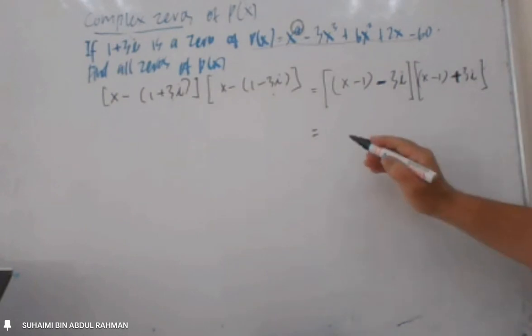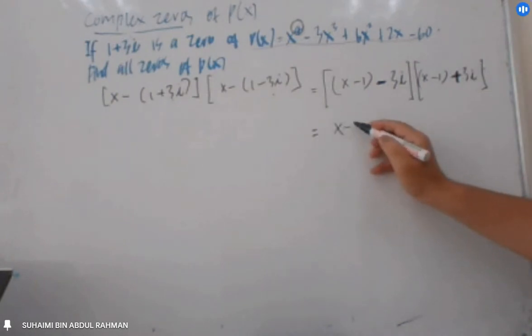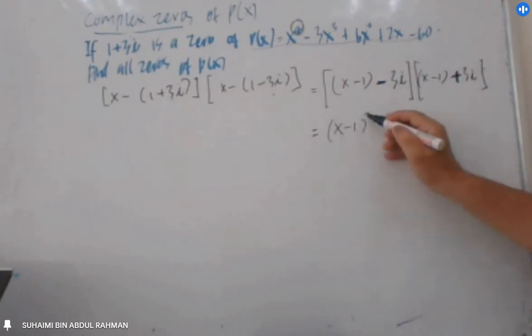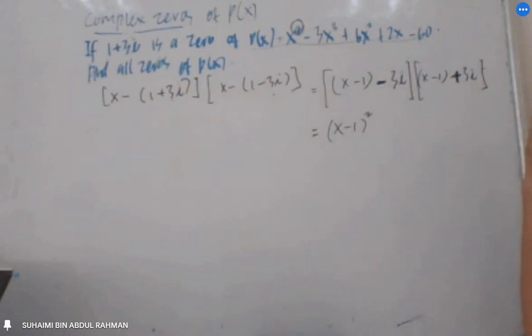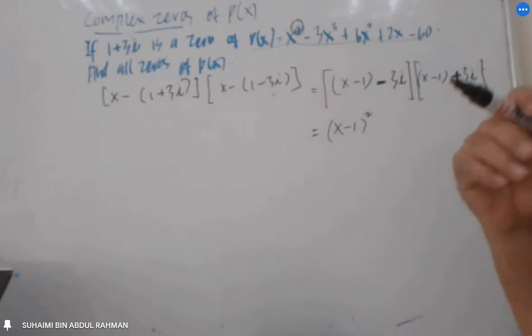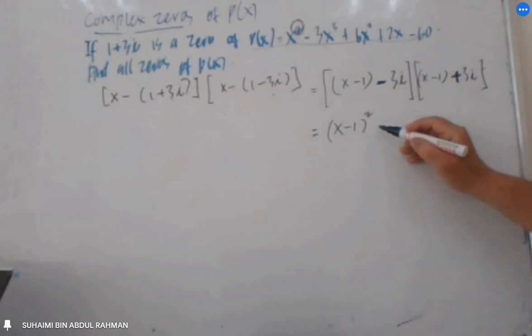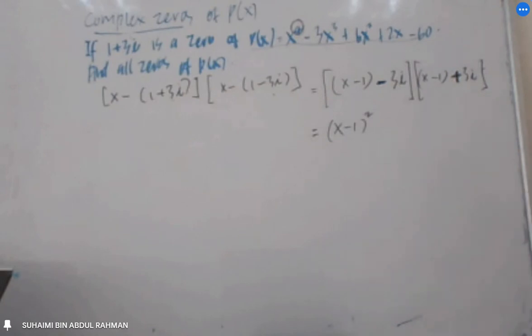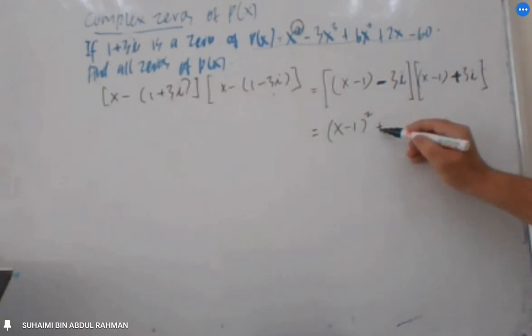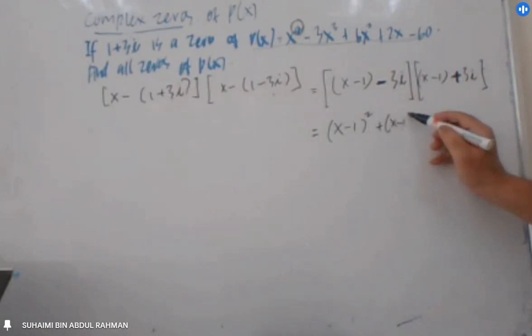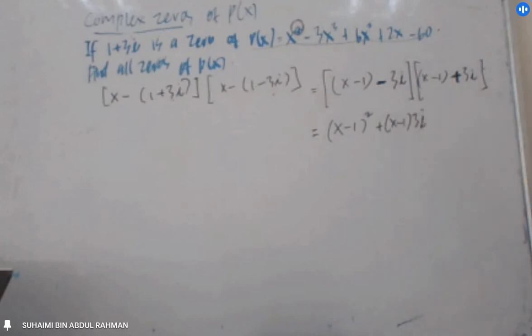X minus 1. So, x minus 1 multiplied by x minus 1, we will get (x minus 1) squared. And then x minus 1 multiplied by 3i, so we get (x minus 1)(3i).